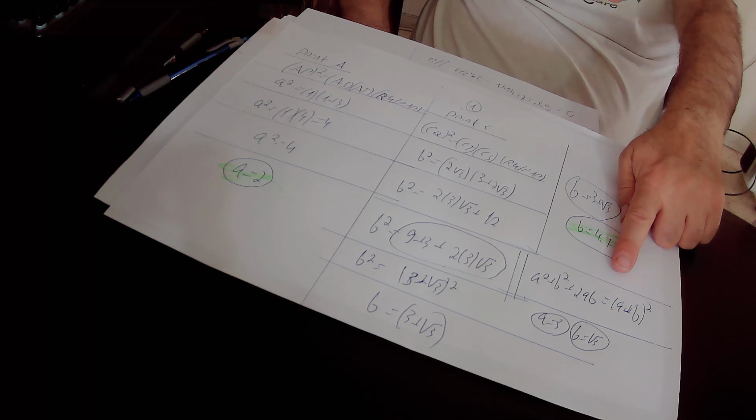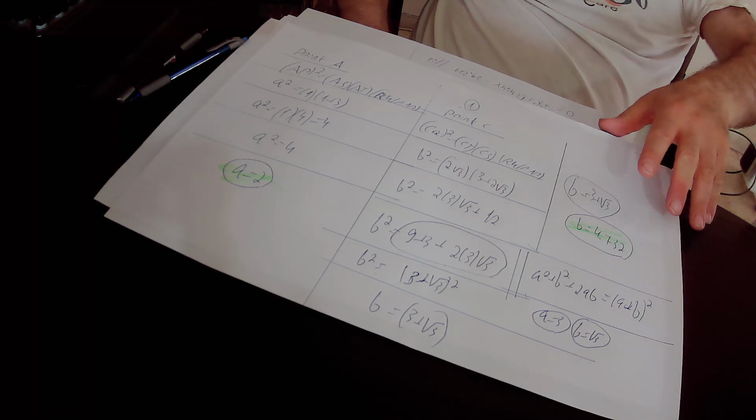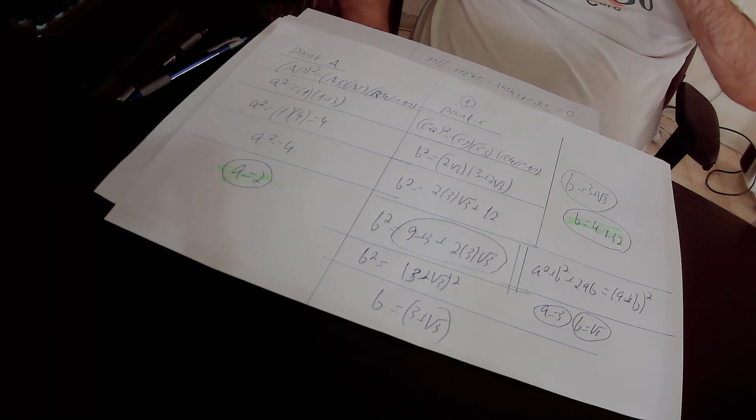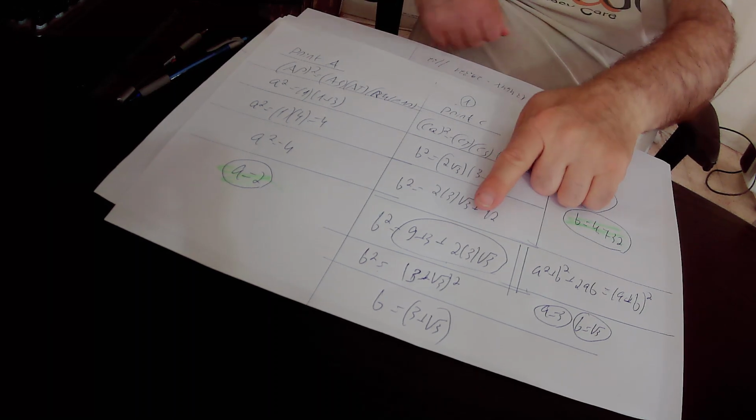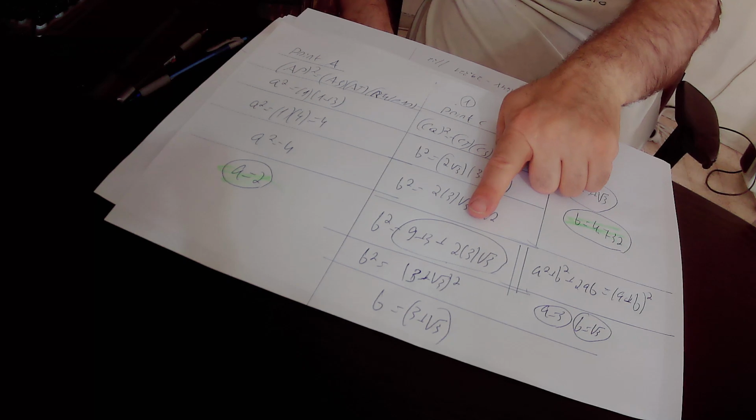This is actually an algebraic identity, and for that reason the expression 9 plus 3 plus 2 times 3 times root of 3 must also equal (A plus B) squared if we substitute A by 3 and B by root of 3.